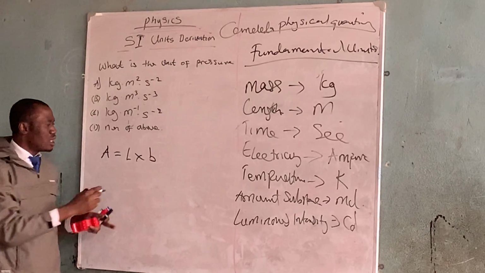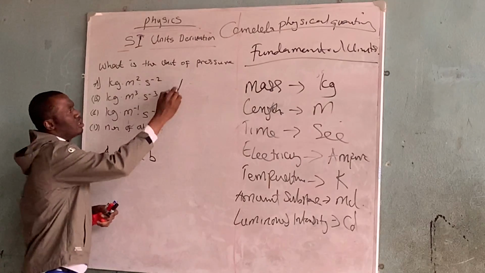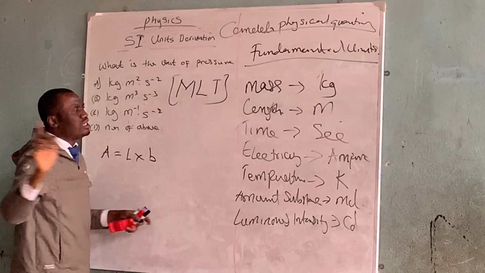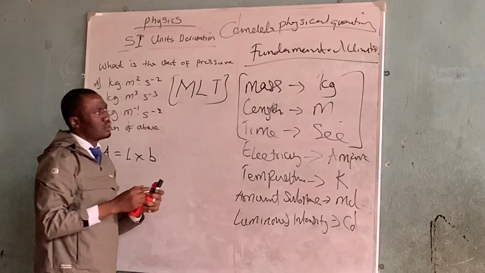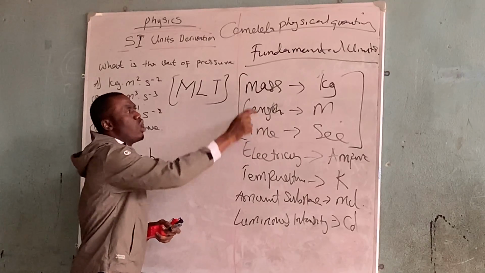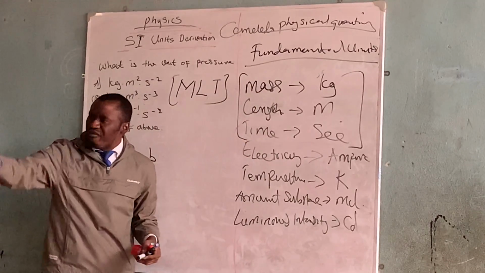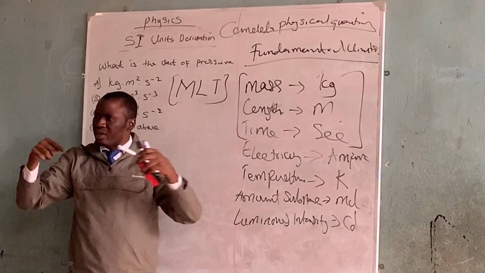Length is represented using M. Mass, sorry. Now look up. Let me teach you before I go. Watch this place. What do you see? Mass and style. Say it again. Why do I show you that place?